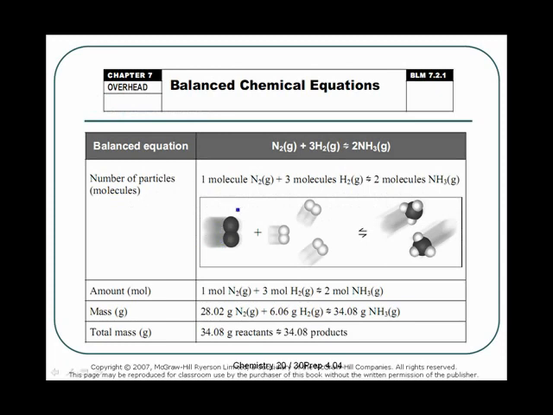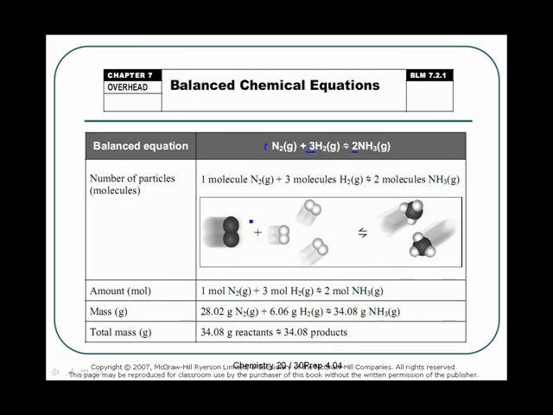If we take a look at this balanced chemical equation, it's balanced at a ratio of 1 to 3 to 2. And what that means is we could say that there's one molecule of nitrogen gas. When it collides with 3 molecules of hydrogen gas in just the right way, we end up with 2 molecules of ammonia.